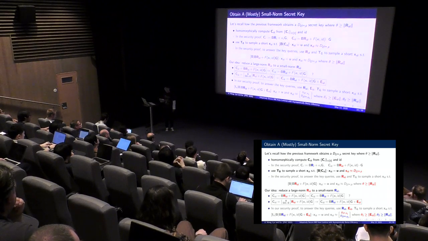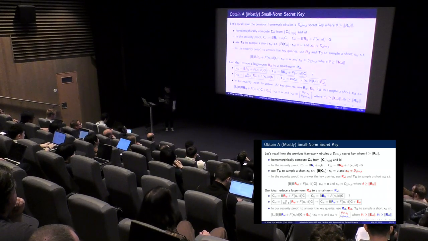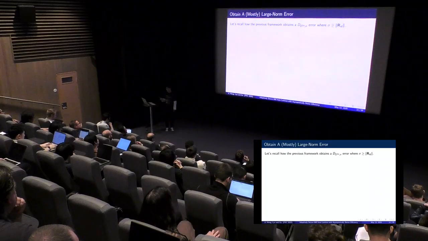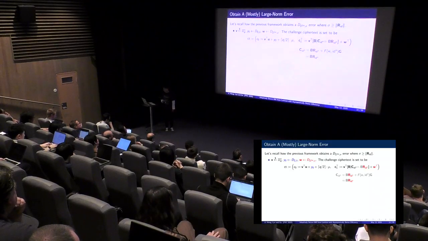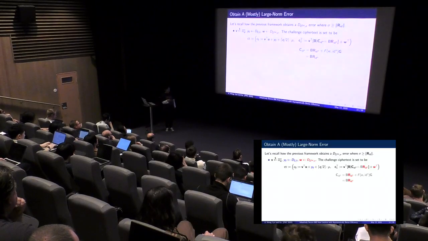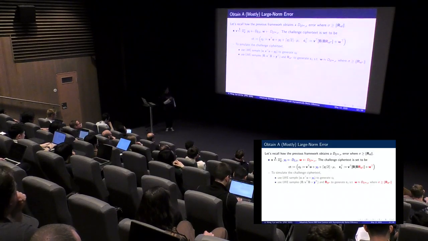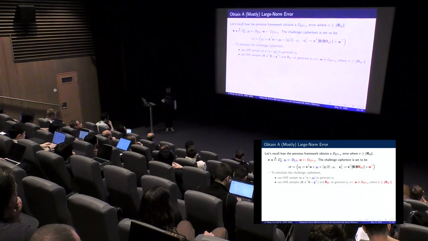So next I will show how we get a hybrid error. Let's first recall how the previous IBEs get an error. The CID star equals to BRID star since the FID star is 0. And in the security proof, they use the LWE samples and RID star to simulate the challenge ciphertext C1.